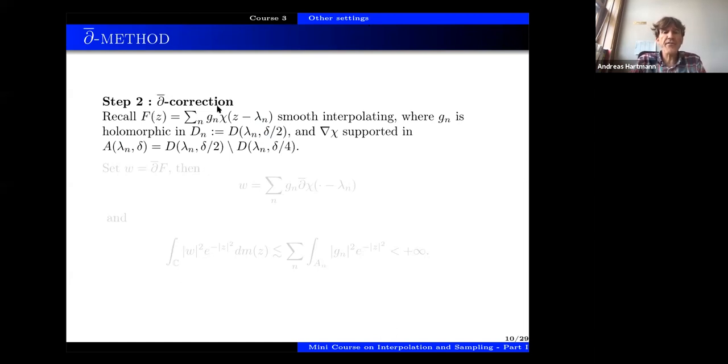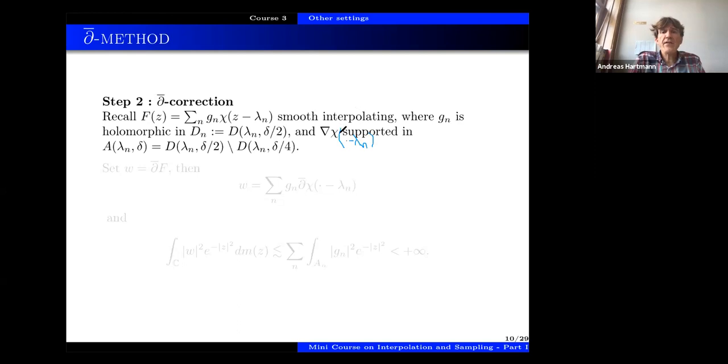Again, f is this function. Gn is holomorphic in a small disk. Gn takes the right values, is smooth interpolating, and I recall that it's not this function which is supported in this, it's this function which is supported in this annulus.